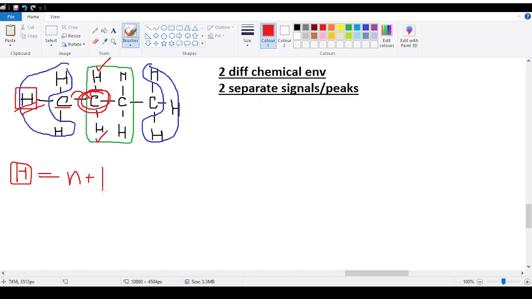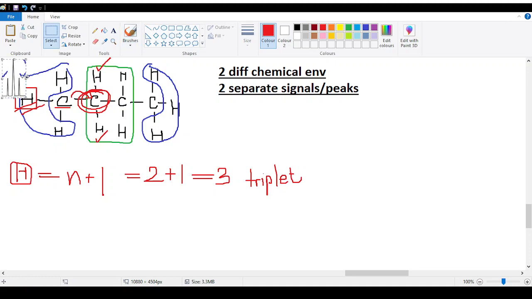So if you're doing n plus one, you can take them instead of n because they are different. So you will get three, which corresponds to a triplet pattern. You can expect this pattern from each of the blue colored hydrogen atoms, which is a total of six.